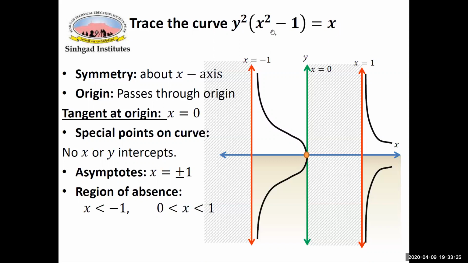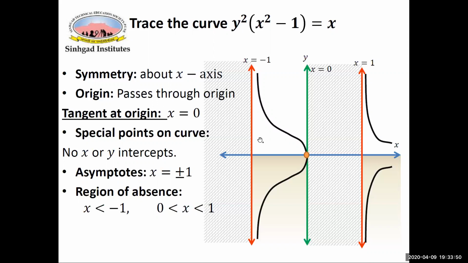So 1 by 2 by minus 3 by 4 will be negative. And hence the curve does not exist in this region. Now the next, greater than 1, put 2. Definitely it will be positive. So among these 4 parts, the curve is existing between minus 1 to 0 and 1 to infinity.